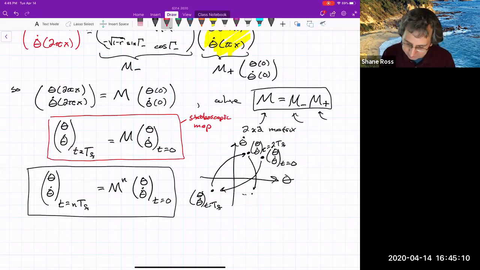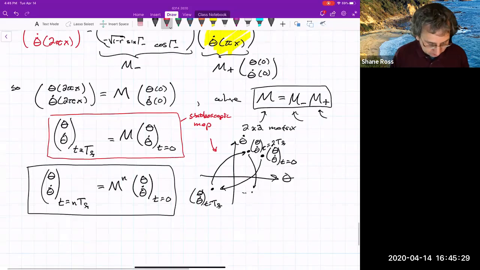And then in this case, kind of just plotting it on a phase plane. So because we're mapping as if we're strobing with the light at the forcing frequency, it's called a stroboscopic map. And then you could extend that to looking at what happens after n periods of forcing.